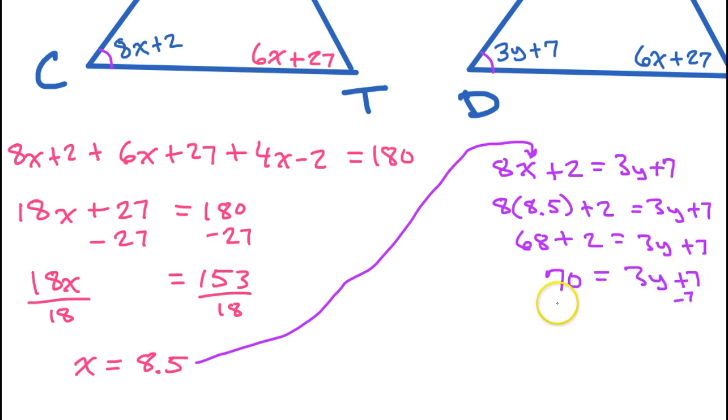If I subtract 7 from both sides, that's going to make 63. And then if I divide both sides by 3, that's going to make 21. So there you go. X is 8.5 and y is 21.